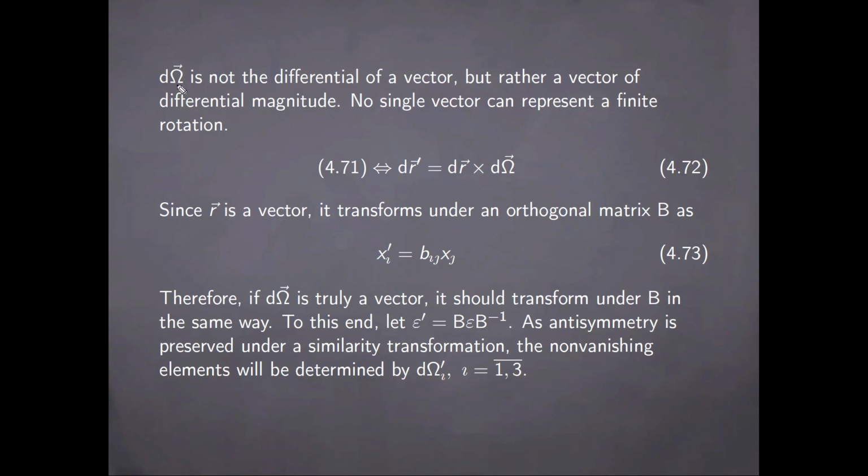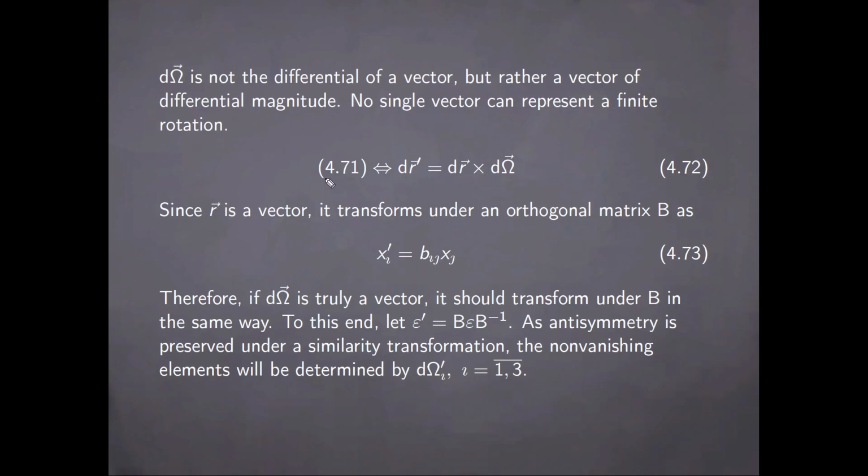It is important to stress that d omega is not the differential of a specific vector, but rather it is a vector of a differential magnitude, as no single vector can represent a finite rotation due to the contradiction involved, as we've seen earlier.